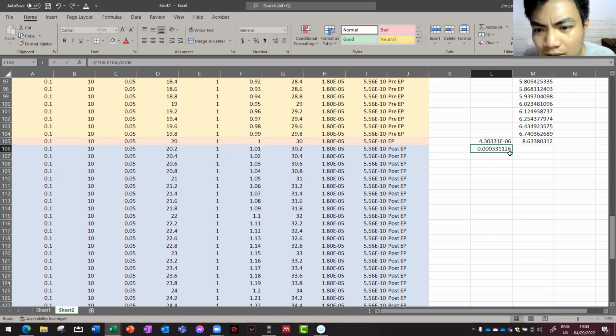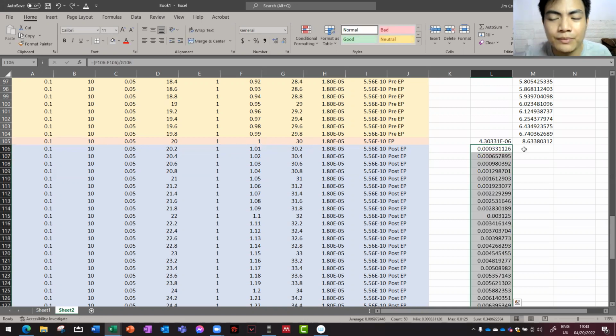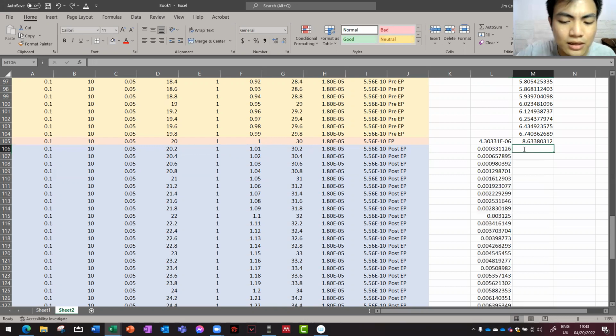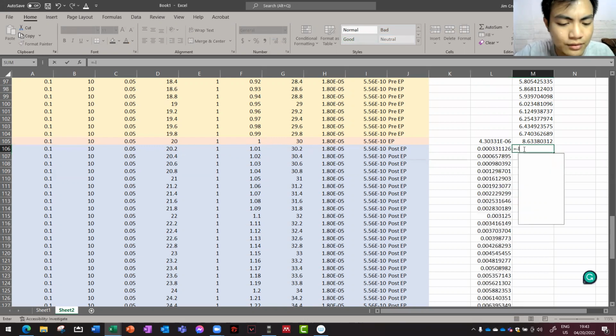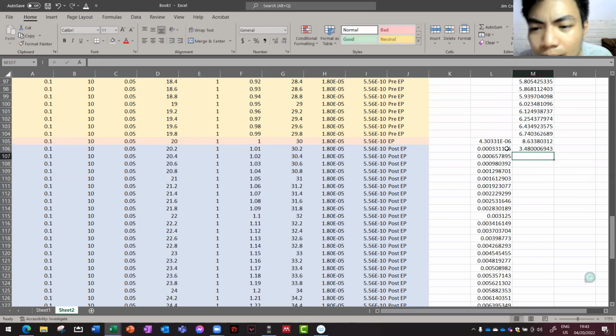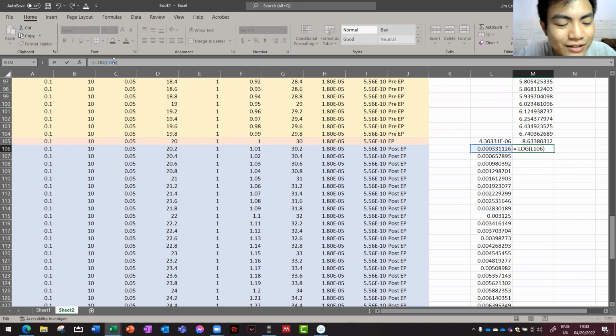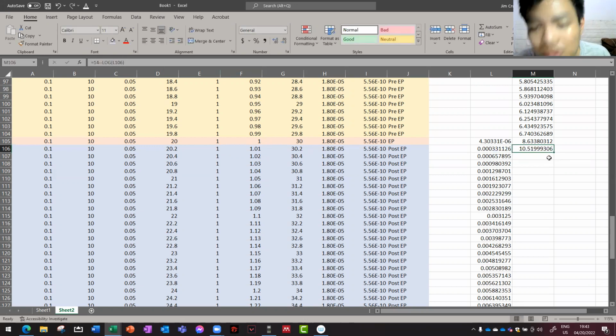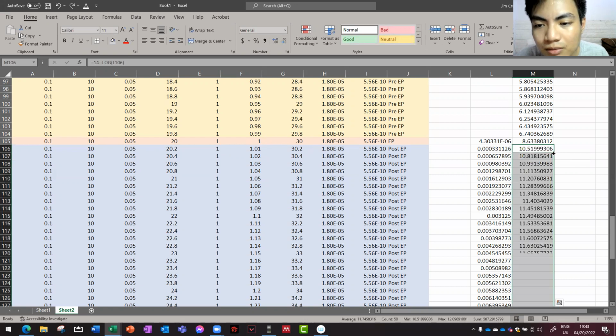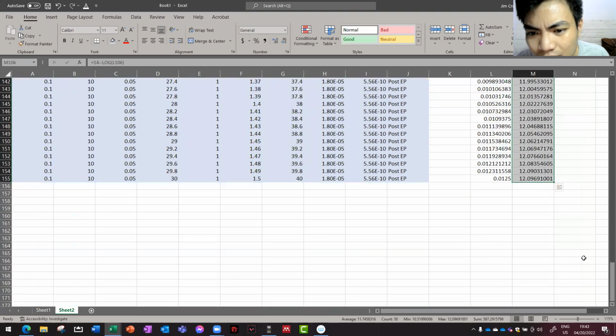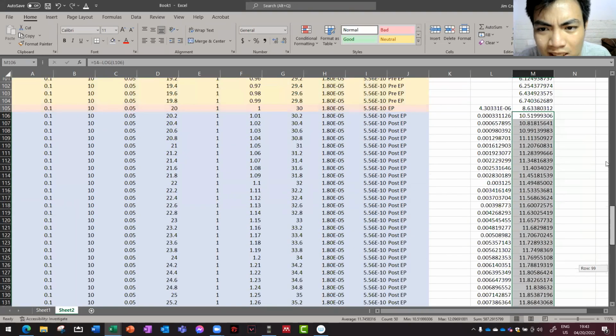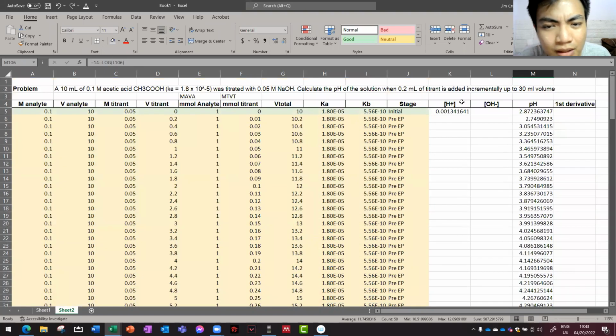So you just drag it down. And to get their pH, you just take the negative log. Sorry, it should be pOH. So pH is 14 minus the negative log of that. Okay, so it's pH 10. Right, so double click it and there you have it. You have all the pH values needed in the problem.